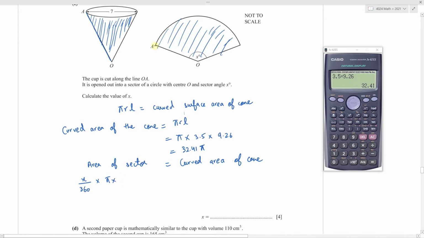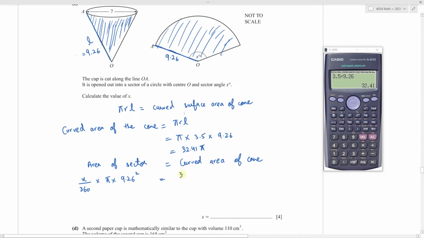Now what is this radius r of this sector? This is the length AO, which is the slant height L, and L was 9.26. So my radius here is 9.26 for this sector. So pi r square, 9.26 square.